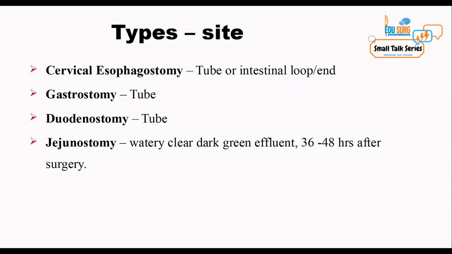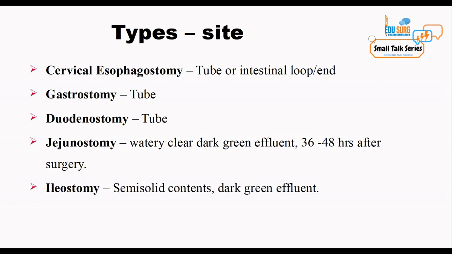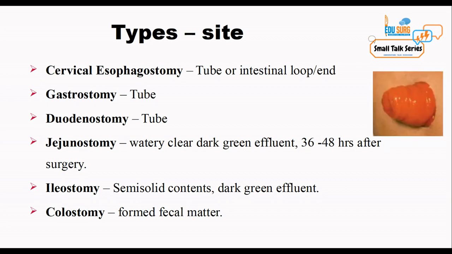Intestinal stomas can be jejunostomy, which usually gives a very high output dark green effluent, ileostomy, and colostomy. Colostomy will usually give formed fecal matter unless there is stoma diarrhea, whereas ileostomy will give dark green semi-solid effluent.